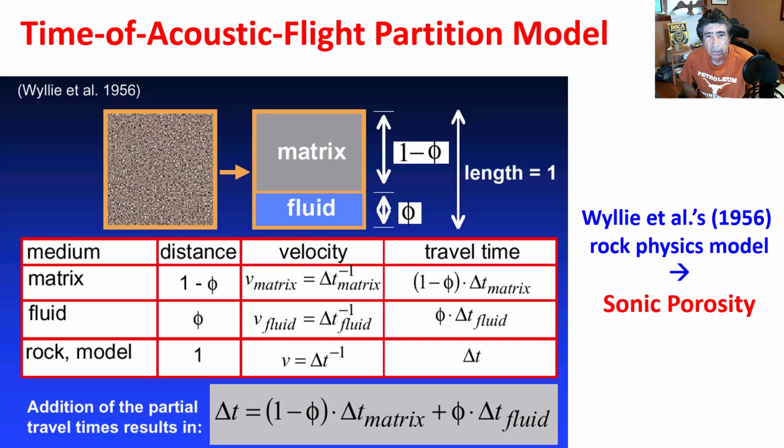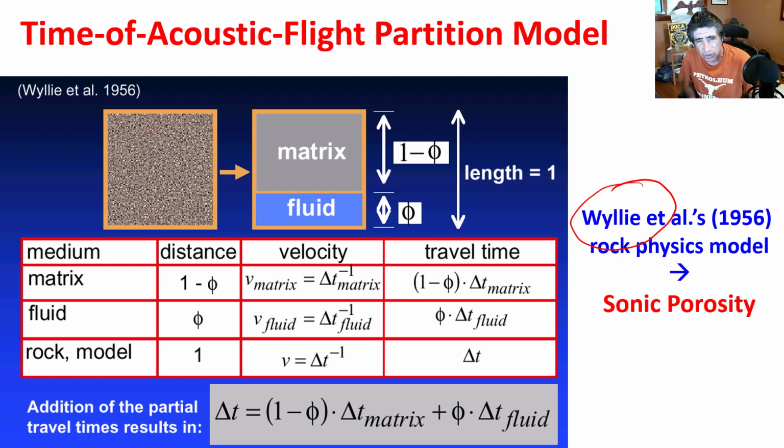Okay, now when people were looking at this fastest time of flight, Wyllie in 1956 came up with a very simple yet very ingenious way to explain what the fastest time of flight will be associated with in terms of rock properties.